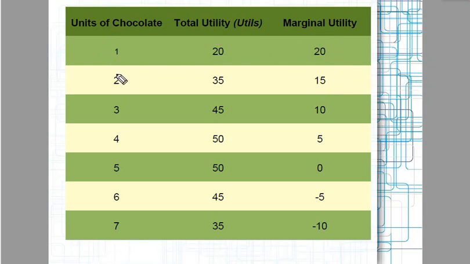Now when you consume the second bit of chocolate, the total utility will increase because of course you wanted chocolate, that's what is assumed, and your utility increases, but not exactly in the same proportion, because you already have consumed one.